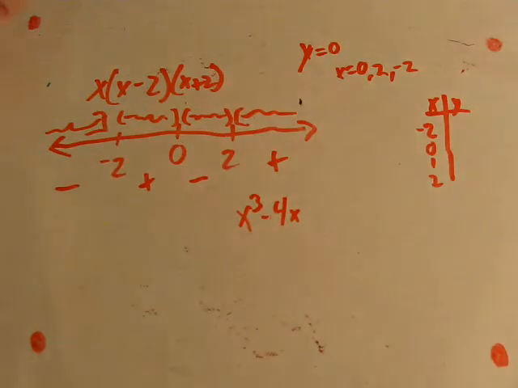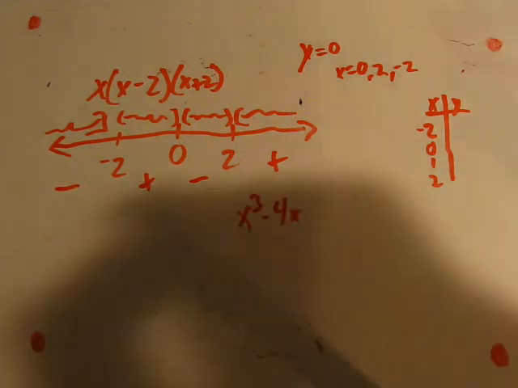Well, -2 cubed is going to be equal to -8, and then subtract your 4 times -2, which is -8. So that's -8 minus -8, which comes to 0.